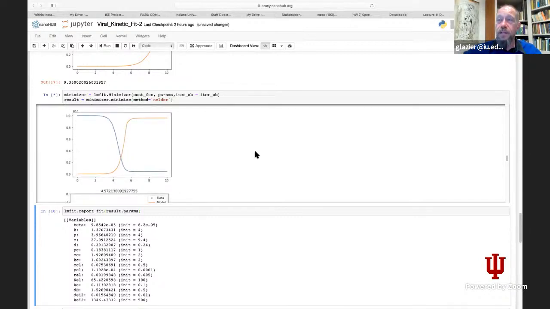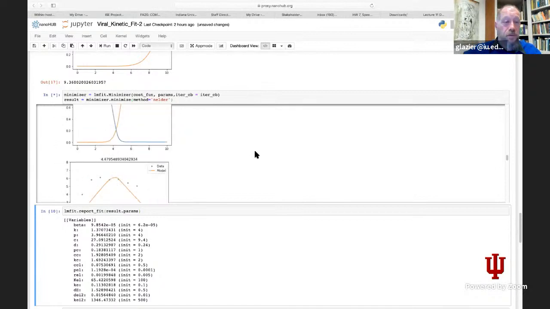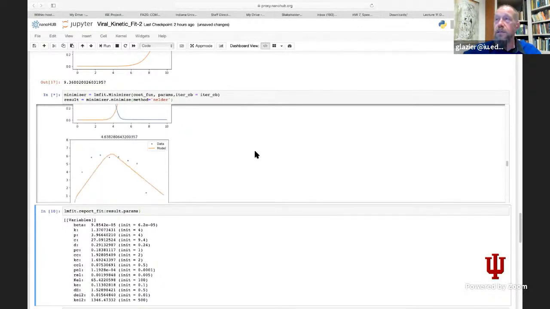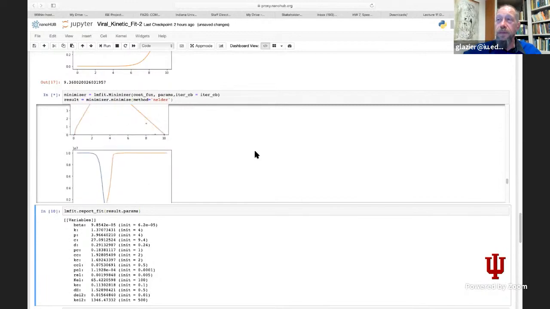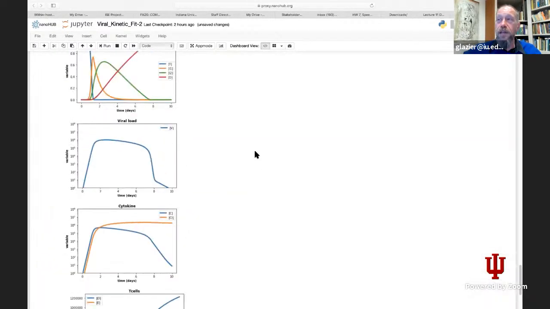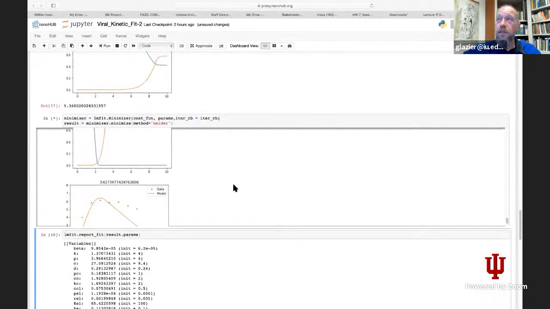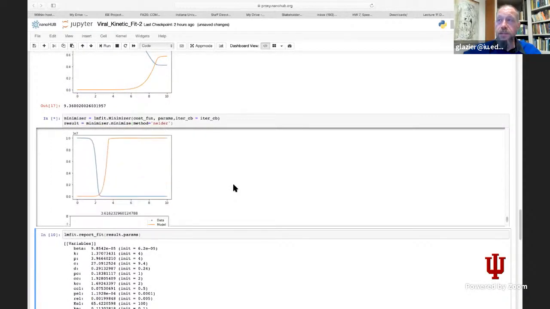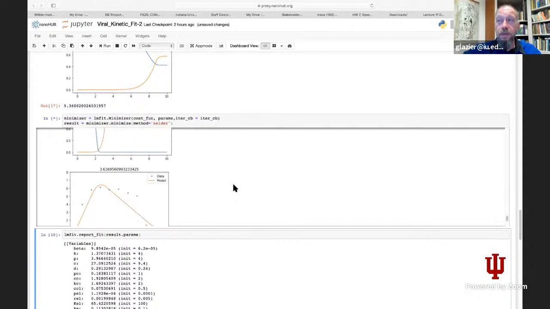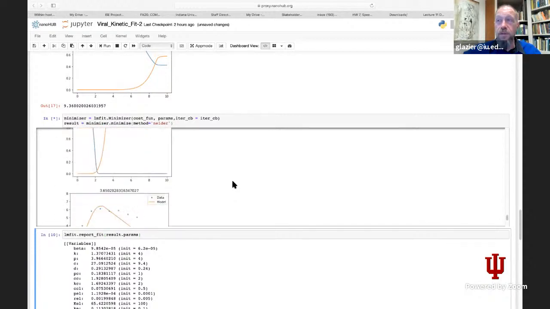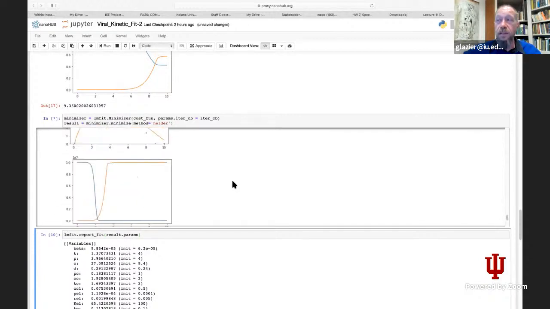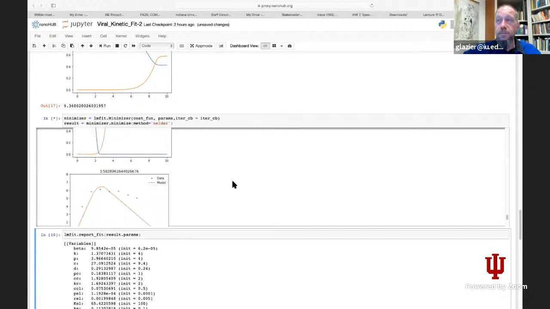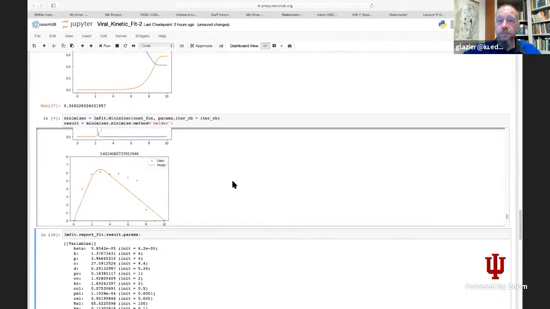And if you let that keep running, I believe it will recover your original values. It will basically abandon the attempt to keep the cells from dying, and eventually it will refit the viral load curve properly. It may take a while, but at least that was my experience. It was able to find again the viral load curve that we started with.